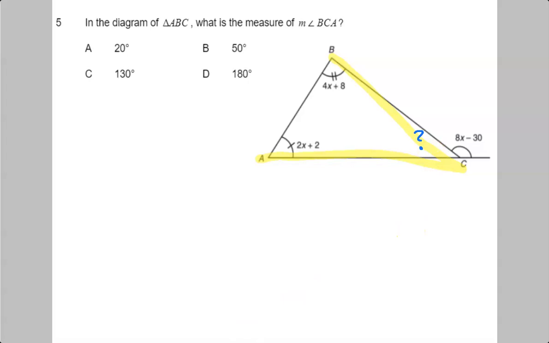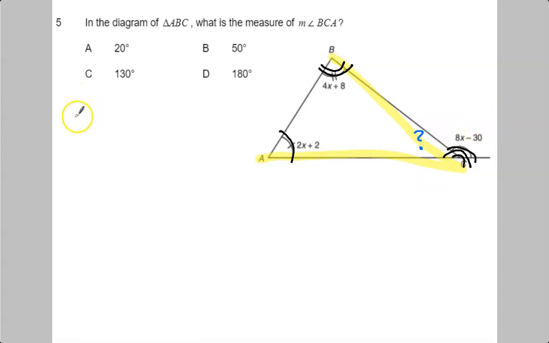So let's take a look at our markings. We see some markings about angles. We've got this angle, we've got this angle, and then we have this angle that is on the outside over here.